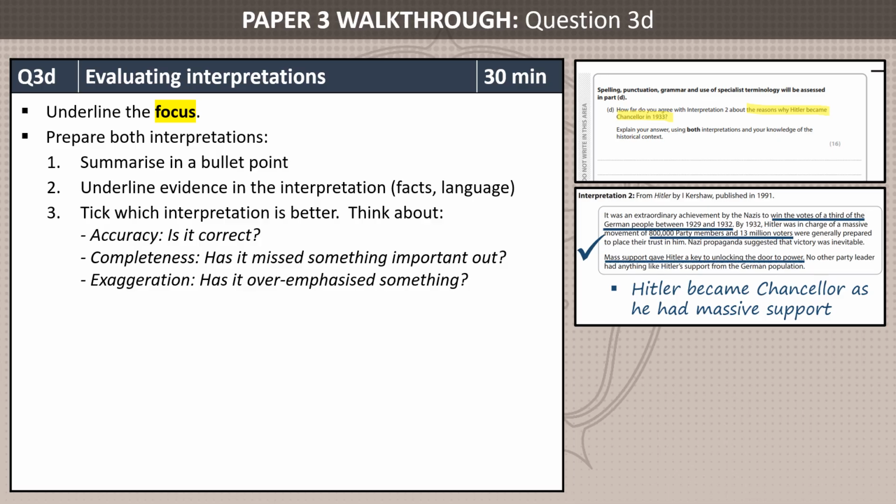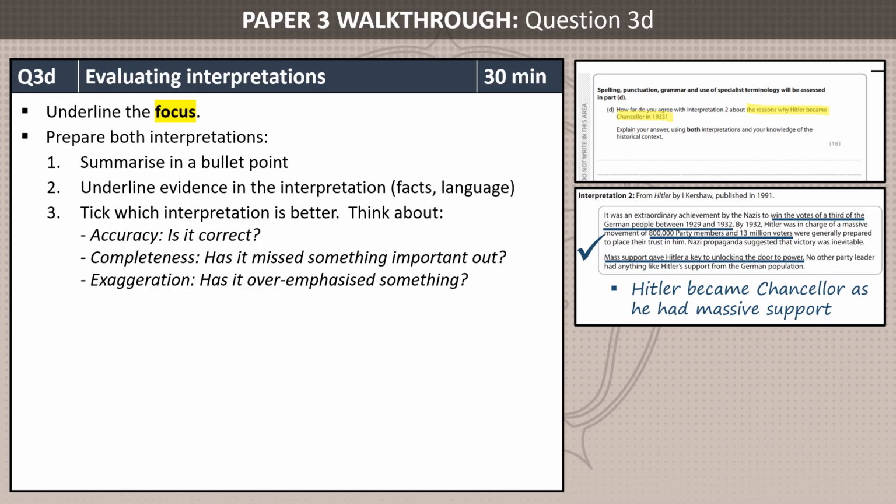When I've annotated both interpretations, I'm going to make a decision about which interpretation I think is better. And I'm going to put a tick alongside the interpretation which I prefer. When making that decision, I'm going to consider these sorts of things. Which interpretation is more accurate?